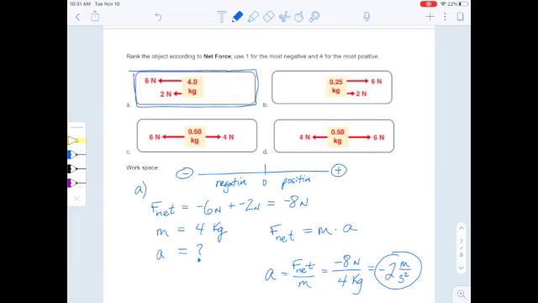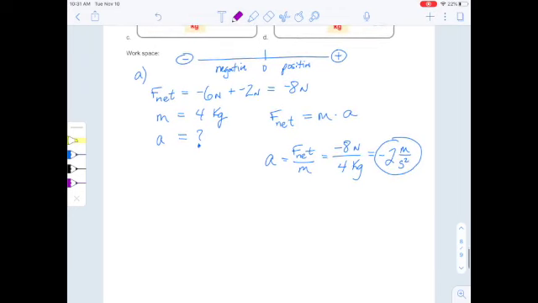Let's go ahead and do B. For B, I have 6 newtons to the right and also another 2 newtons to the right. So for B, my F net is +6 newtons plus +2 newtons, so I have +8 newtons.